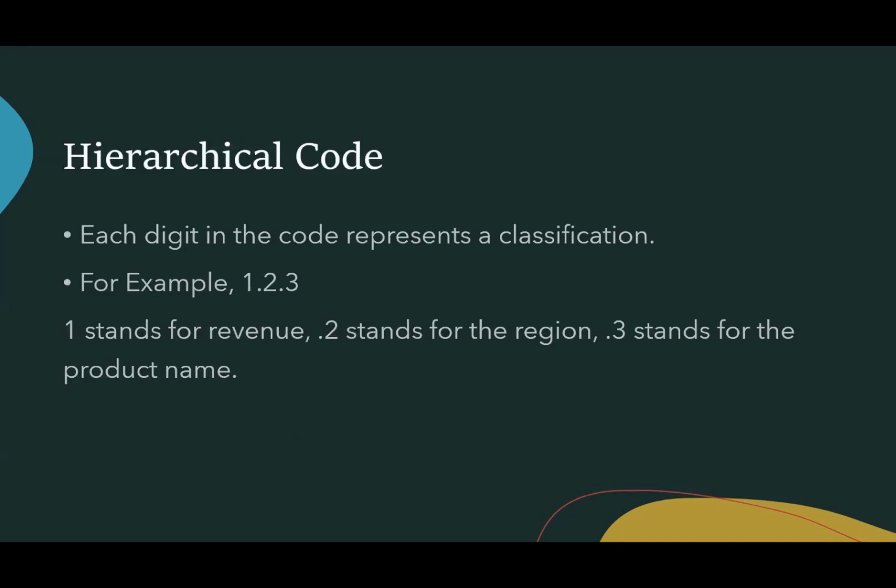Hierarchical code: each digit in the code represents a classification. So if I say 1, 2, and 3, 1 stands for revenue, 2 stands for the region, and 3 stands for the product name. The first digit could be 1 for revenue, 2 for expense, 3 for asset, it can be anything. 2 stands for the region, and 3 stands for the product name.